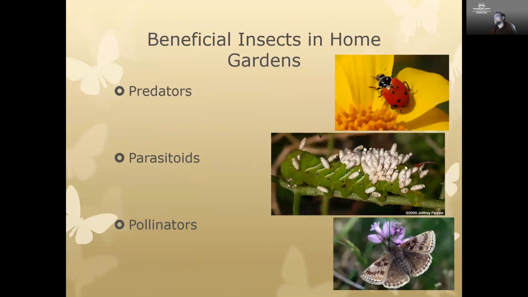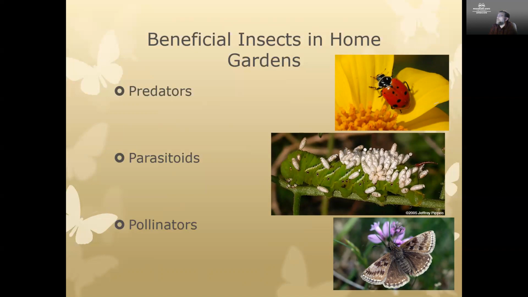As we talk very briefly about, beneficial insects fall into several different categories. They may be predators. A good classic example is the lady beetle, which is a predator of aphids, so it's directly reducing the populations of those insect pests.